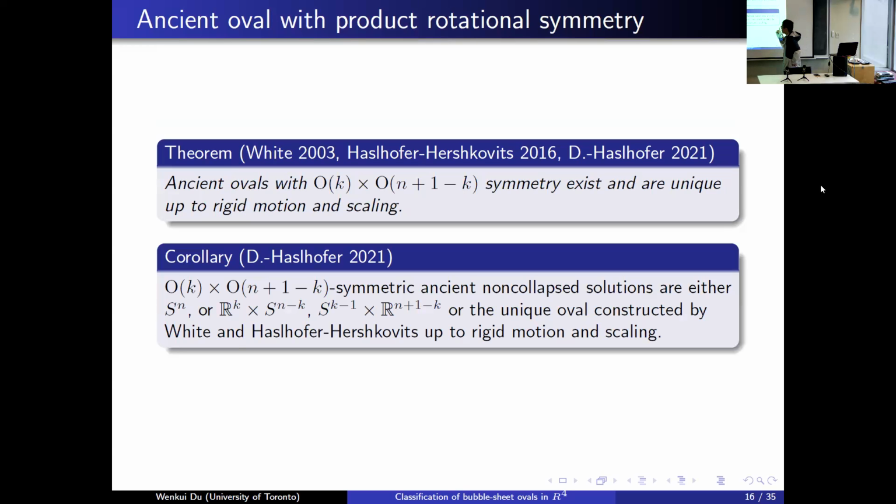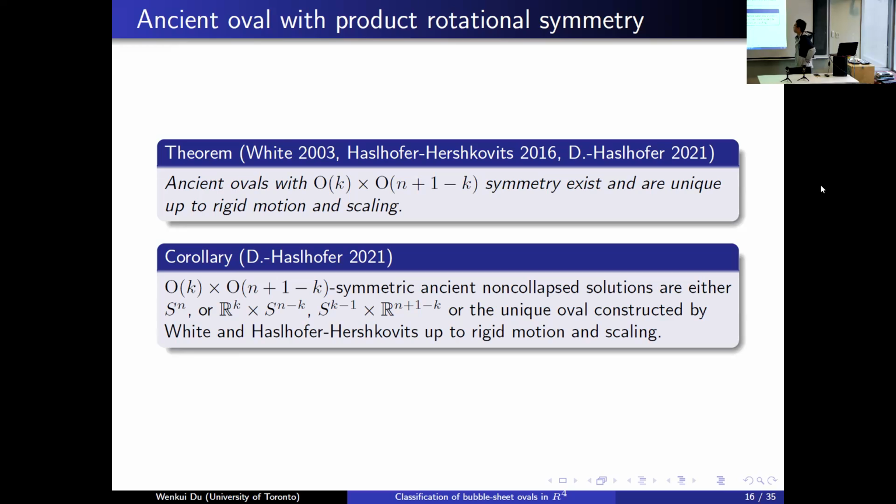Let me first discuss some uniqueness results. White and Haslhofer-Hershkovits showed the existence of this type of O(k) times O(n+1-k) symmetric ancient ovals. Also Angenent, Daskalopoulos, and Sesum conjectured that this type of ovals is unique. Later, in my joint work with Bob, we proved that they are actually unique up to rigid motion and scaling.